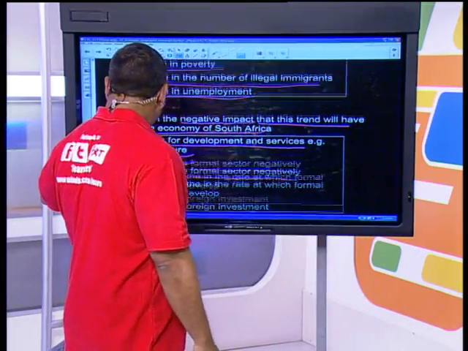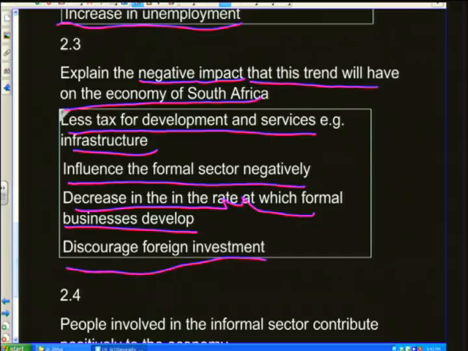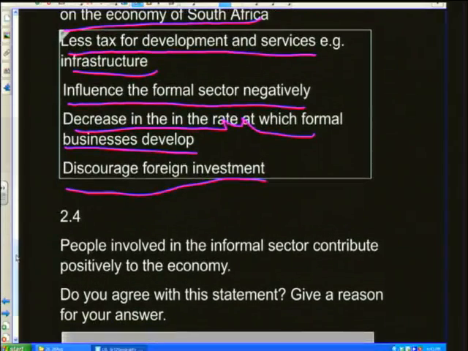All right, and the next one here is it decreases the rate at which the formal businesses develop. There won't be so many formal businesses because the informal businesses are taking over. And it also discourages foreign investment. Because if there are a lot of informal settlements, people will not get involved in this.